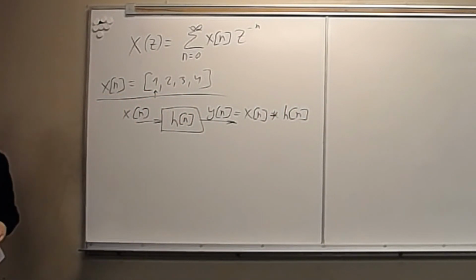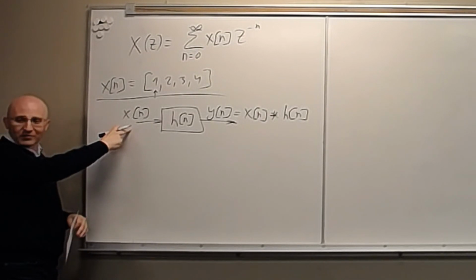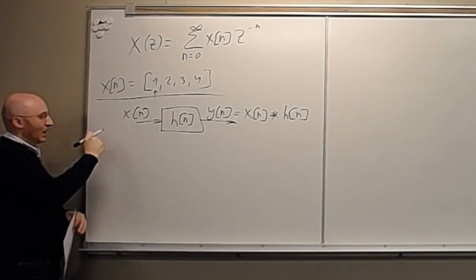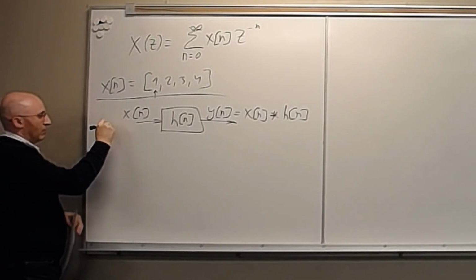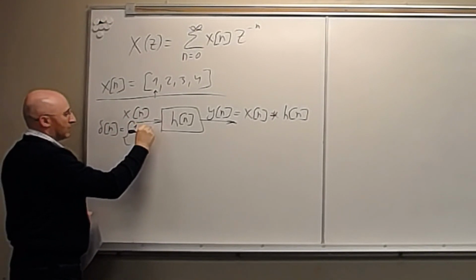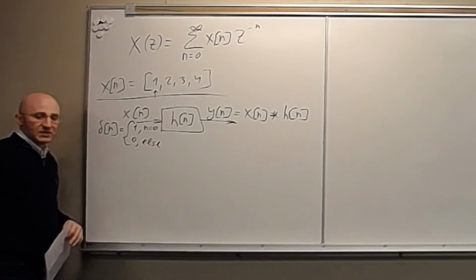Now, what is h of n? How do you know what h of n is? You get that system, whatever the system is. You put here delta of n, which is now the Kronecker delta, because we cannot put here Dirac delta, which is infinite. Kronecker delta, I remind you that delta of n equals 1 when n equals 0. Otherwise, it's 0.